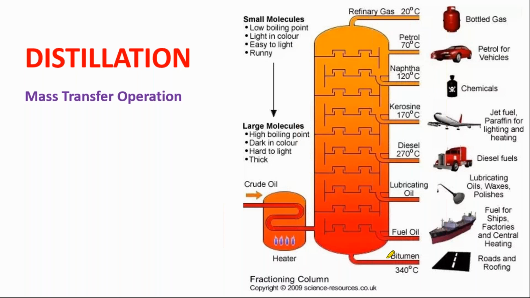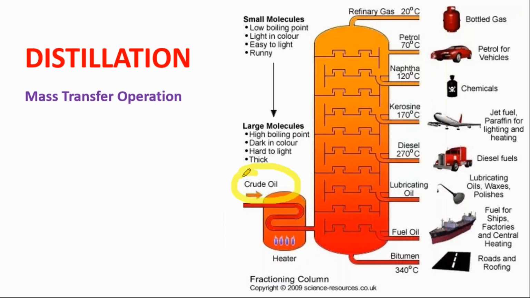From this picture, we also clearly understand that this requires thermal energy, right? With the help of thermal energy, with the help of some heating media, we can produce these types of products, and the raw material is crude oil.